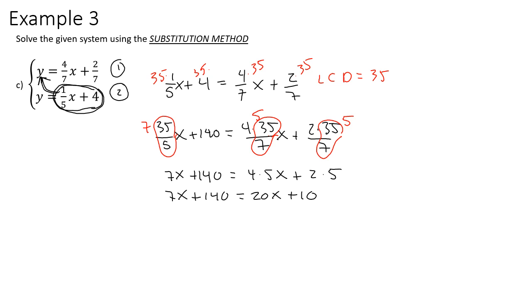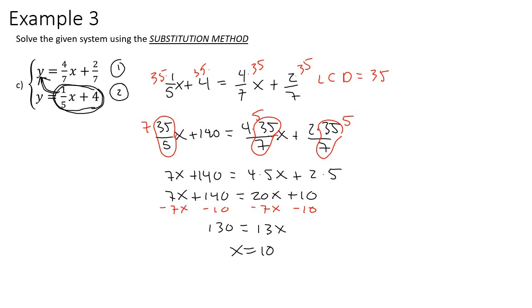All right, solving for x, I'm going to subtract 7x from both sides, and then I'll subtract 10 from both sides. So that gives me x equals 10. So that's my first variable, x equals 10.